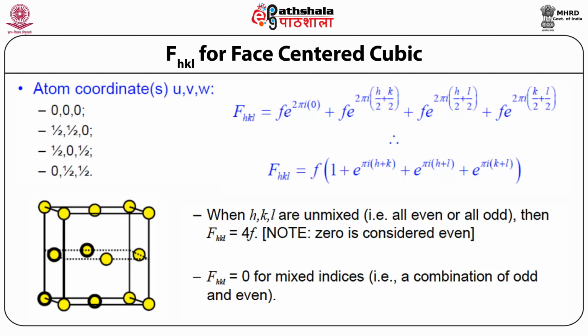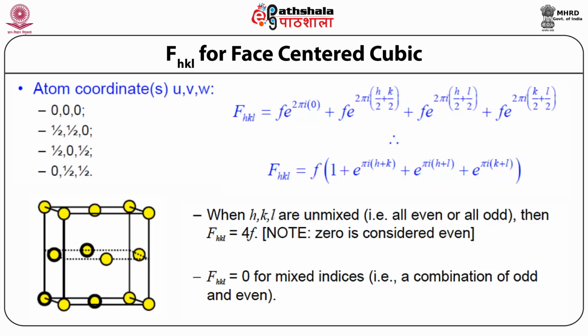Now we can see that HKL have to be either all even or all odd. In that case, if they are all odd or all even, this above relationship will exist, because then it will be 1 plus 1 plus 1 plus 1, and this will be 4 times f.